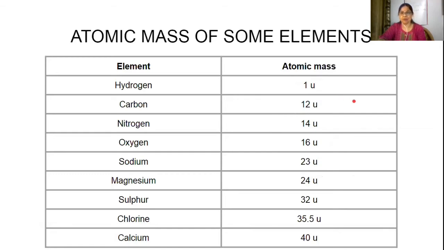The unit of atomic mass is either AMU, or now it is written as unified atomic mass, so it is written as u. There is one more term for it, that is Daltons.